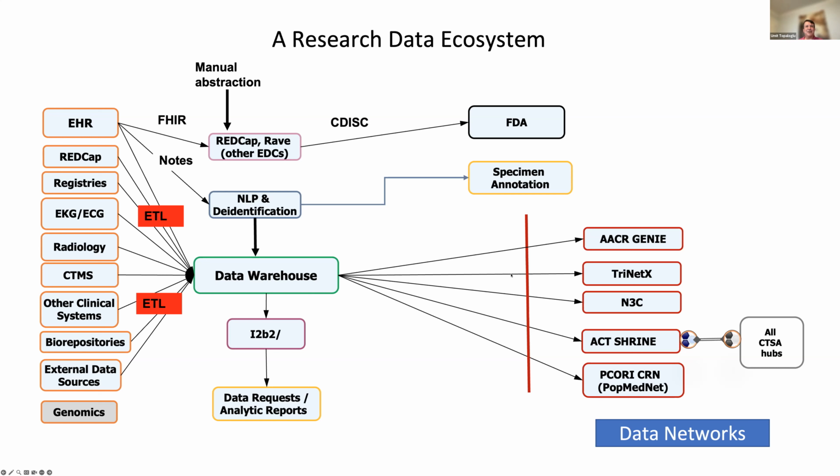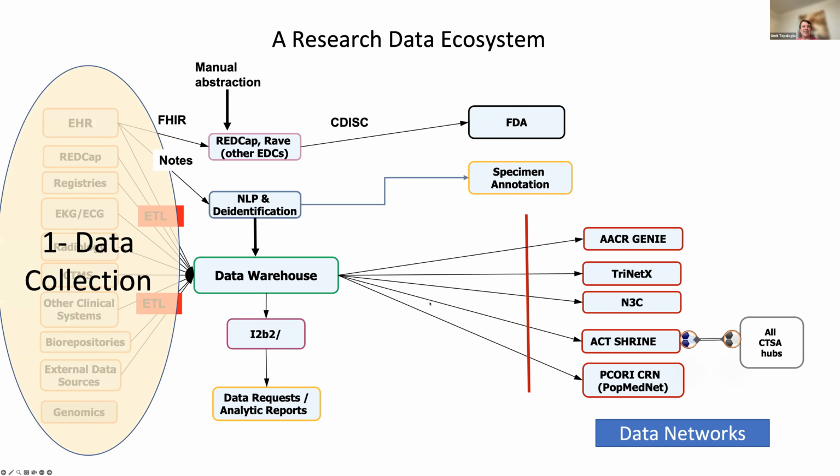On the right side, there are a lot of data networks that your institution may be participating in: N3C, of course, and many of you on this call probably ACT, PCORnet, some of you TriNetX, and others, also AACR GENIE. We wanted to divide our talk into three sections.